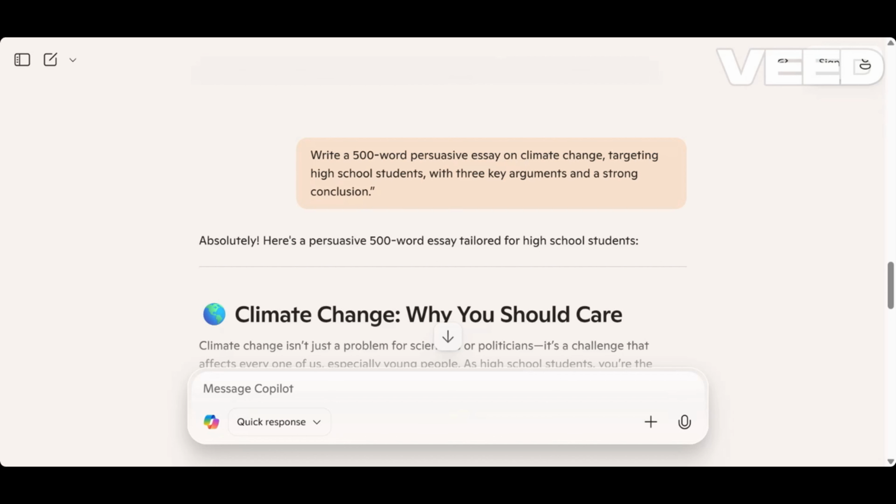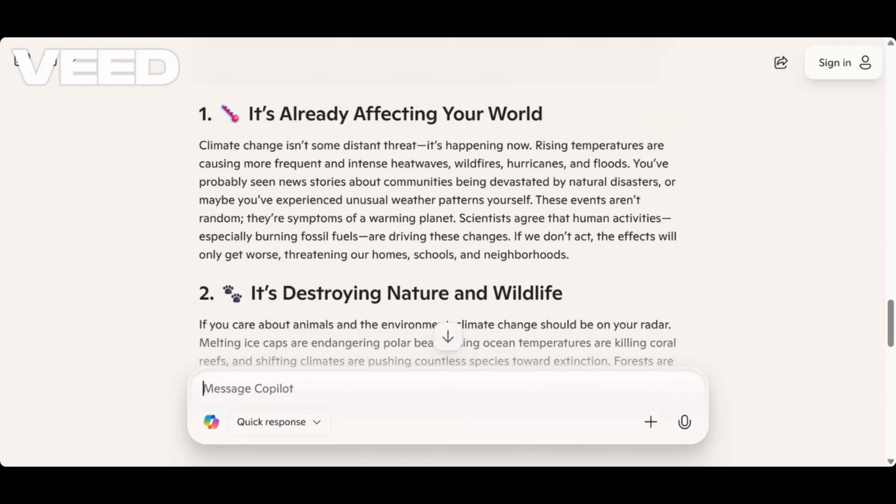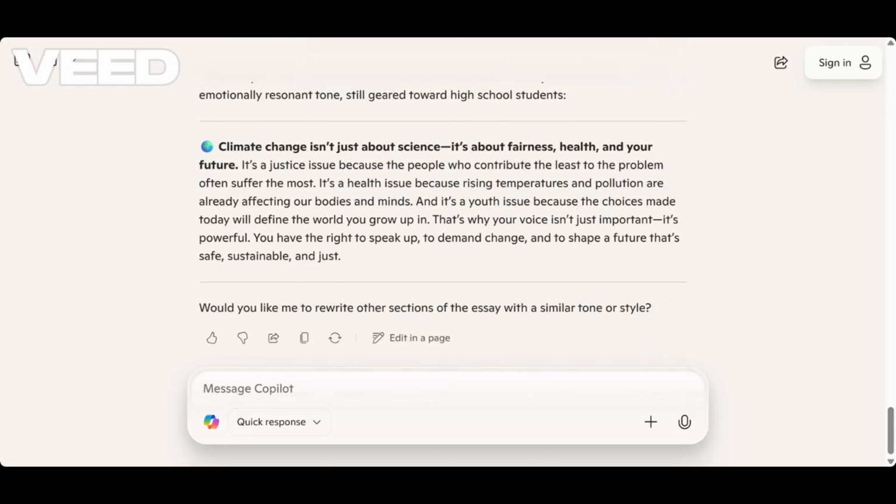Also, for my three arguments and a strong conclusion, that's my structure. So, anytime I need to look for something that's going to drive my essay, I'm going to need a structure. So that's why I put three key arguments and a strong conclusion as my structure. So you always have to focus on your wordplay. That way, you get strong results when you're using Copilot.